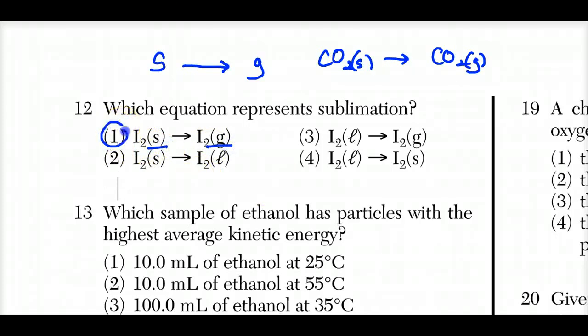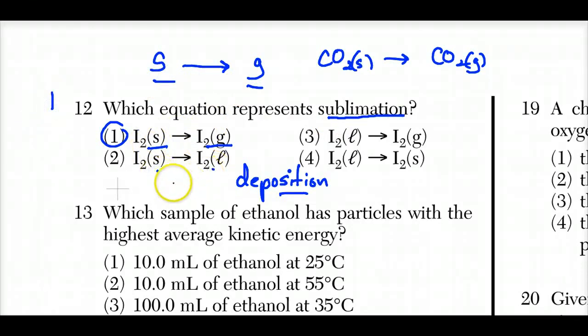And that's choice 1. A gas going directly into a solid is called deposition. It's not listed here, but it's one that could come up. So deposition and sublimation are those phase changes talked about the least amount of the time. But sublimation is a solid going to a gas. Choice 1 is the answer.